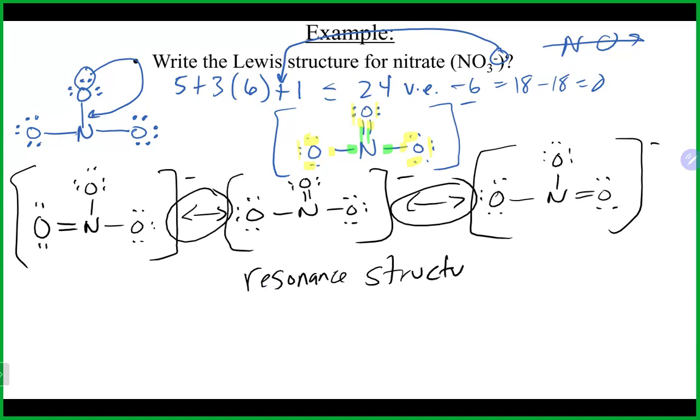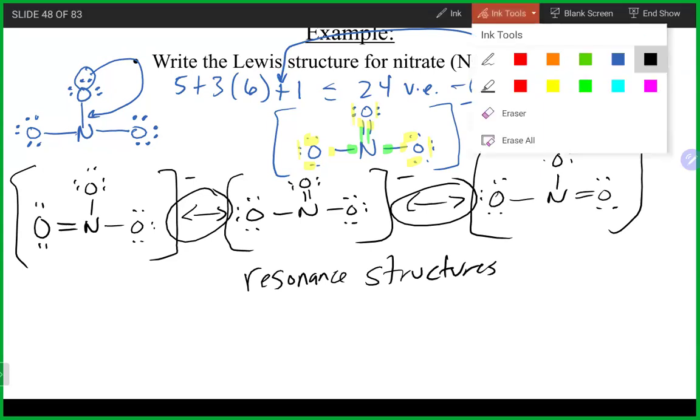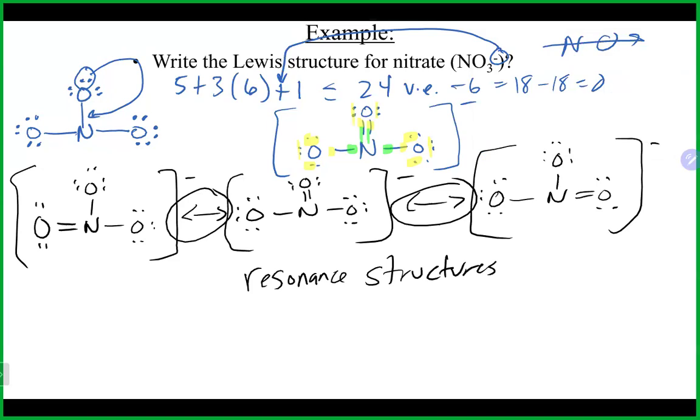And resonance structures are pretty much what you just see there. We had more than one location where we could lay up that double bond, so we could draw another structure where we just move the double bond to all the possible locations. The reason for that is those double bond electrons that we brought in to make the double bond are sometimes referred to as being delocalized, which means at some given point in time, they may be over here.